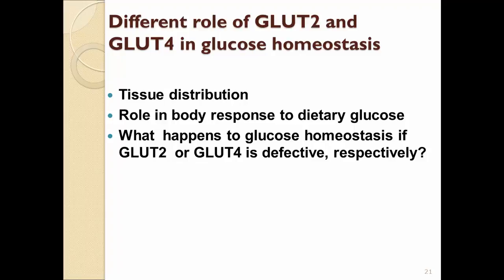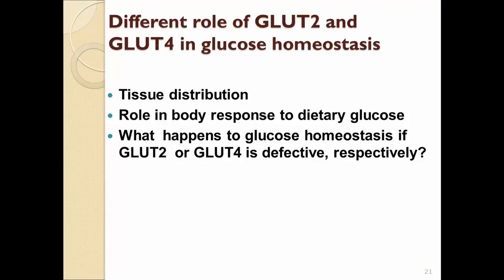So because you have lower GLUT2 levels in the beta cells, you're not able to take up enough glucose to stimulate enough insulin release, right? So you have a relatively lower insulin level compared to a normal person.